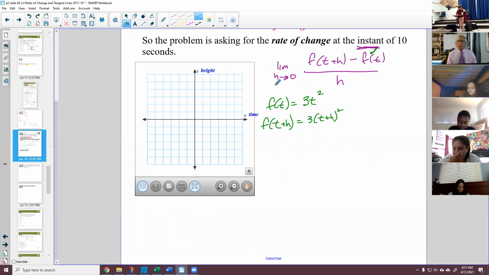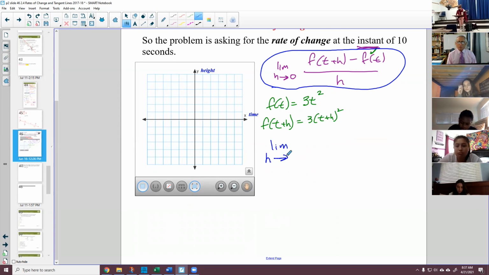So now I'm going to use this right here, and I'm going to use what I found, f of t and f of t plus h. I'm going to find the limit as h approaches 0 of f of t plus h, which is 3 times t plus h squared.